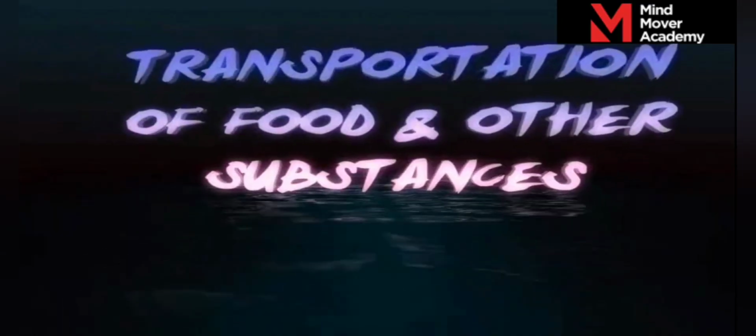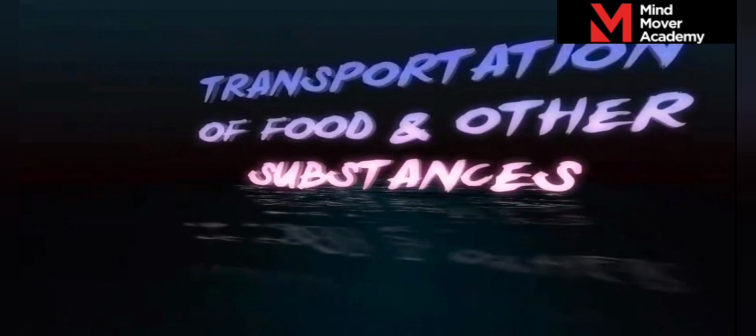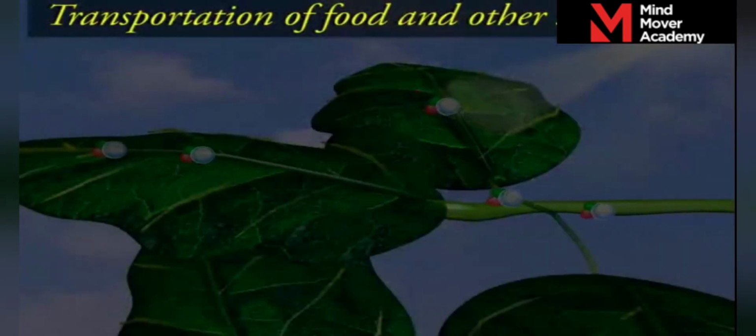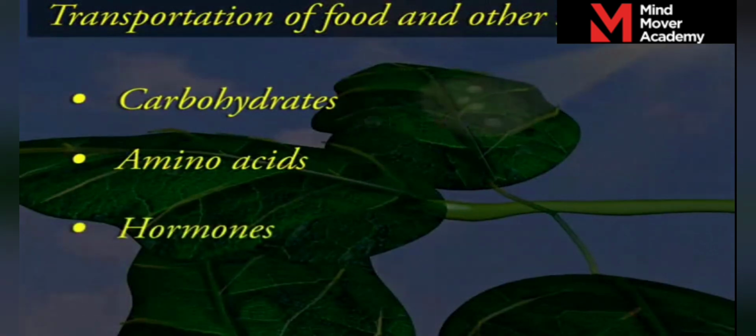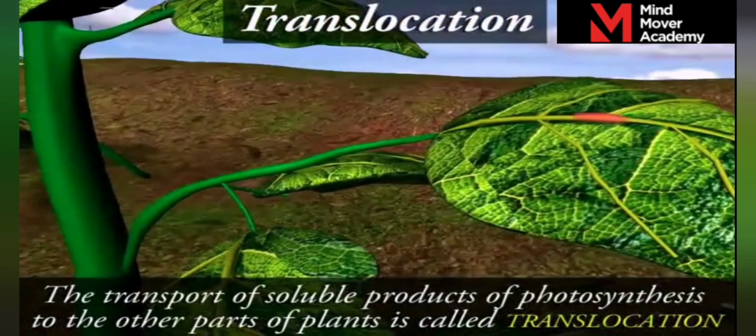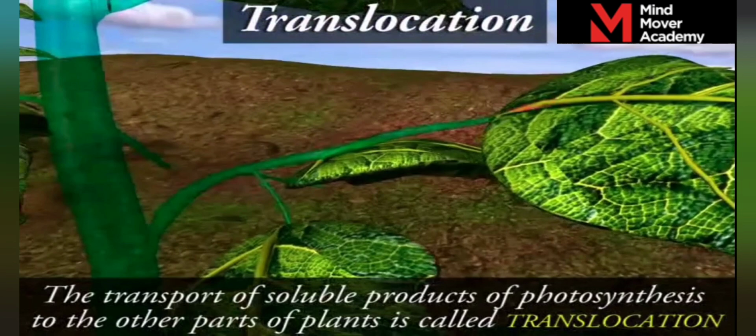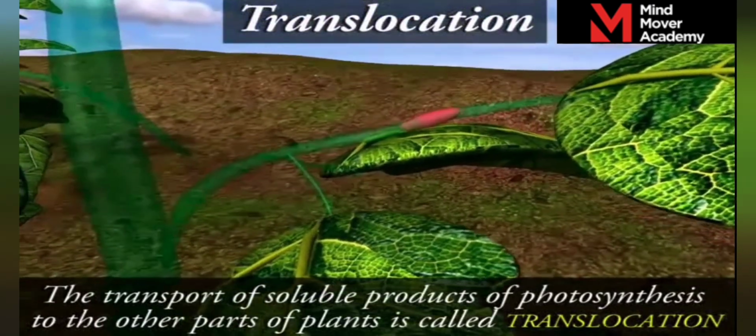Transportation of food and other substances. In plants, synthesis of carbohydrates, amino acids, hormones, and other metabolites occurs in the leaves. The transport of soluble products of photosynthesis to the other parts of the plant is called translocation.